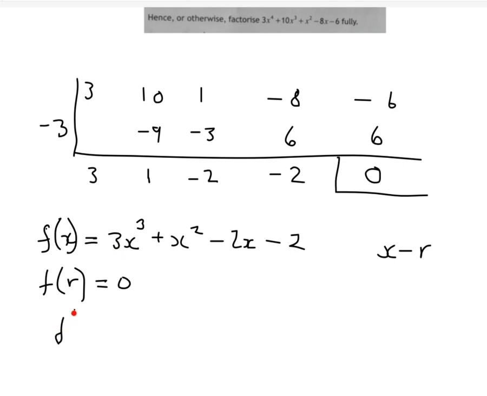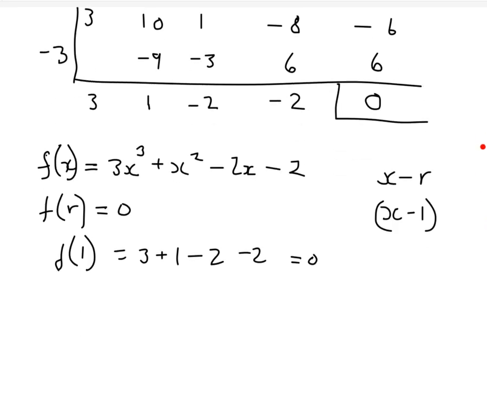So let's have a look. Let's see what f of 1 is. That would equal 3 times 1 is 3, plus 1 squared is 1, minus 2 times 1 is 2, minus another 2 is 0. So it's looking suspiciously like x minus 1 is a factor.